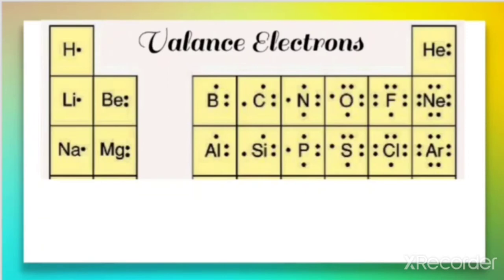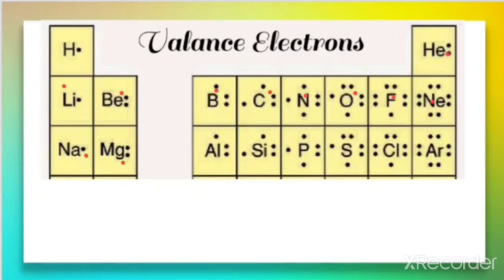Once you learn the sequence, it is easy to remember the number of electrons present in it, because if I am saying 1, it means first I am saying hydrogen, so the number of electrons in hydrogen is 1. Then second, helium. Then third, lithium, beryllium, boron, carbon, nitrogen, oxygen, fluorine, neon.